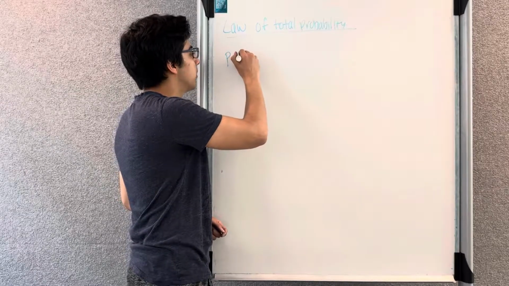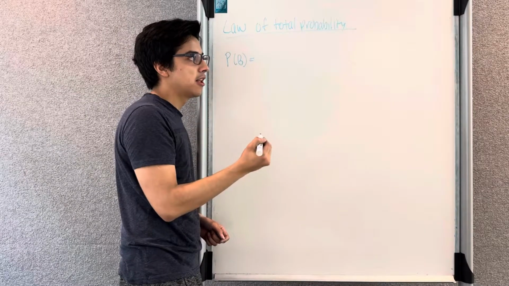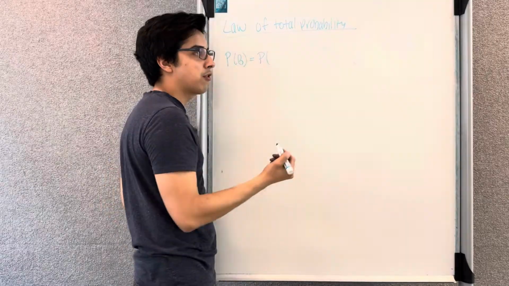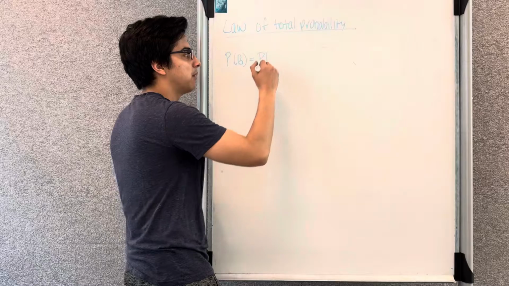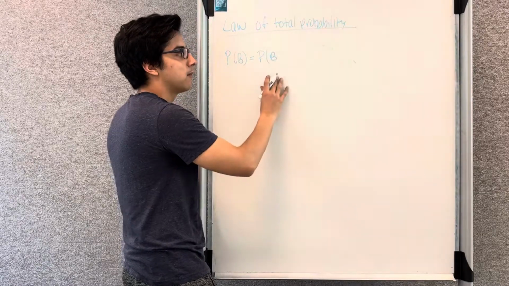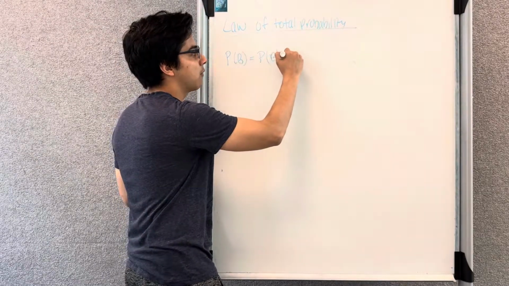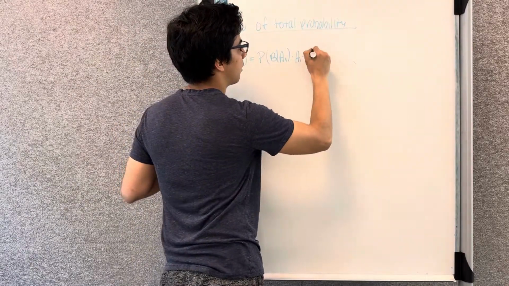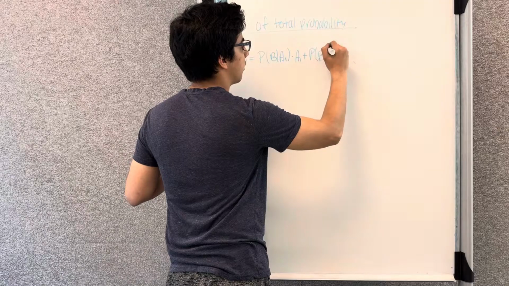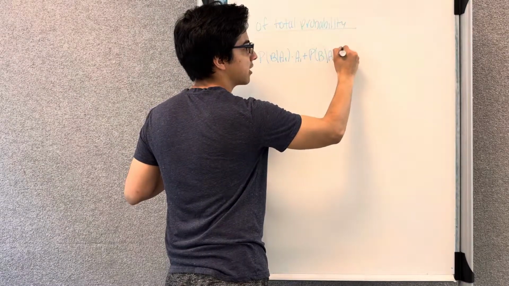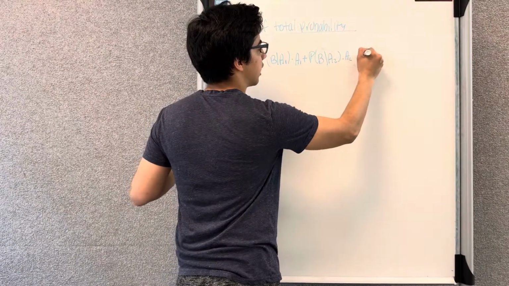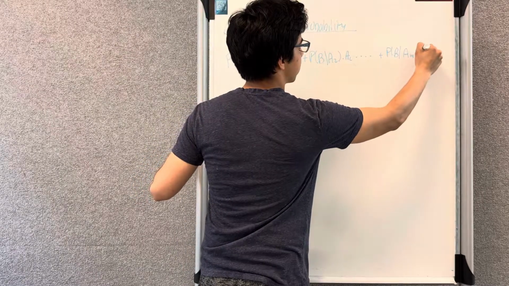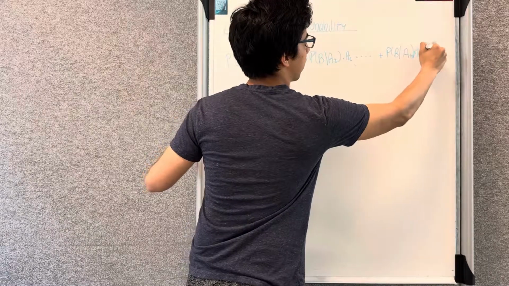The probability of the event B happening is equal to the conditional probability of B given that A1 has happened times the probability of A1, plus the probability of B given that A2 has happened times the probability of A2, and so on until the probability of B given AK times the probability of AK.